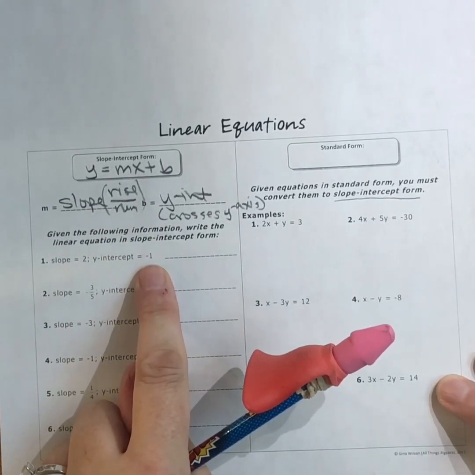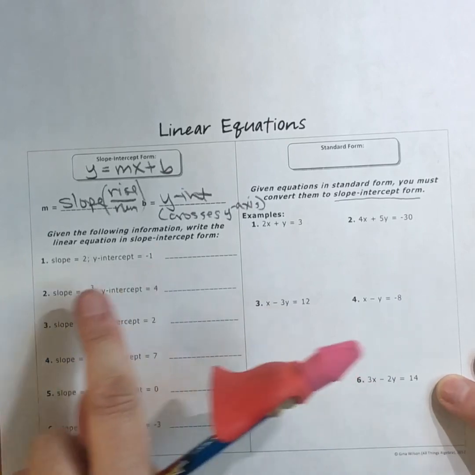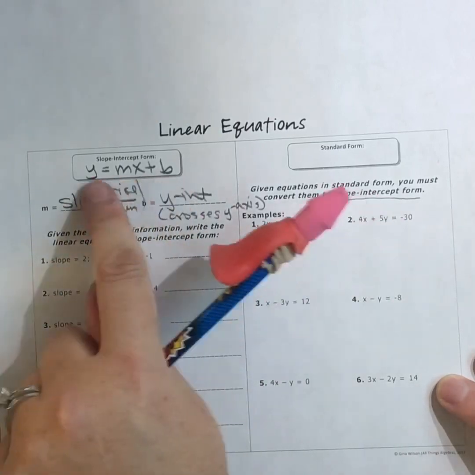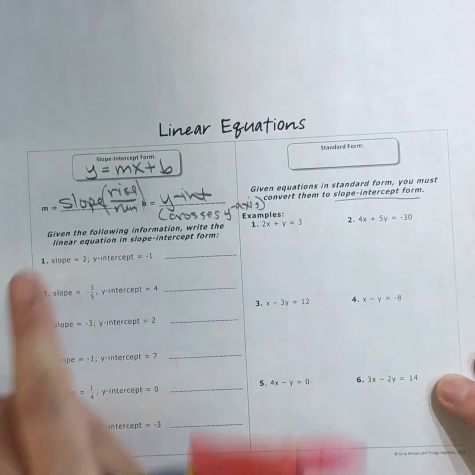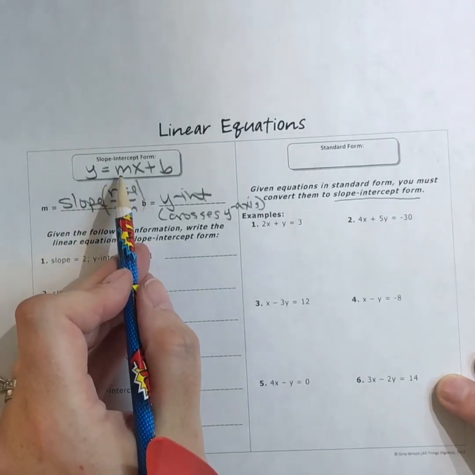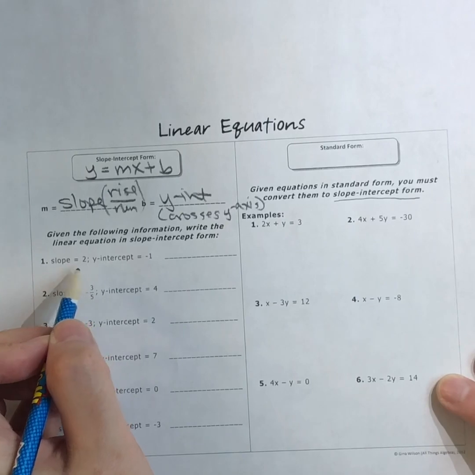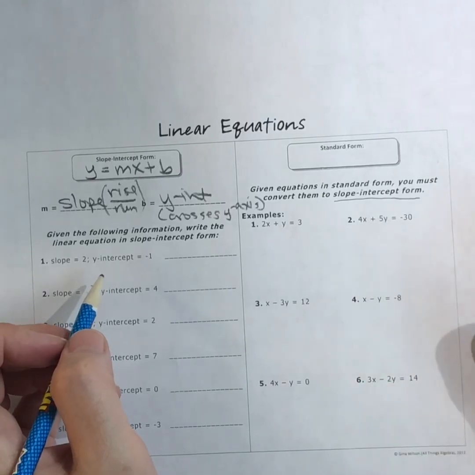Later on, you're going to be given a graph where you have to count the slope and then just name where the y-intercept is, and you can come up with the equation y equals mx plus b really quickly and easily. There's almost no work once you get really good at counting slope. And with the equation, we never have to write the whole number slope as a fraction. We only write it as a fraction when we have to count it on or graph a line.